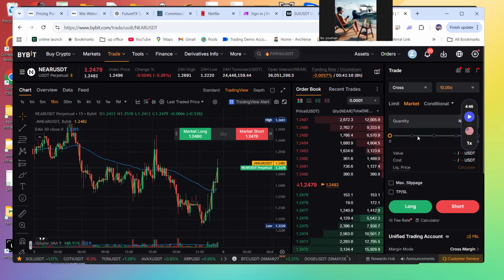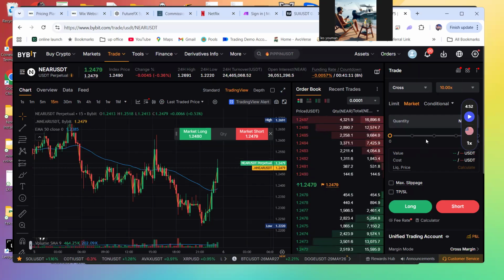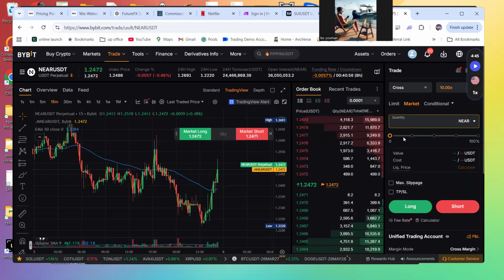Alrighty, so I'm going to place the trade at market. With this, you can type in exactly how many NEAR coins you want to be trading, or you can just, for example, I'm going to use 25% of my funds that I have in here.